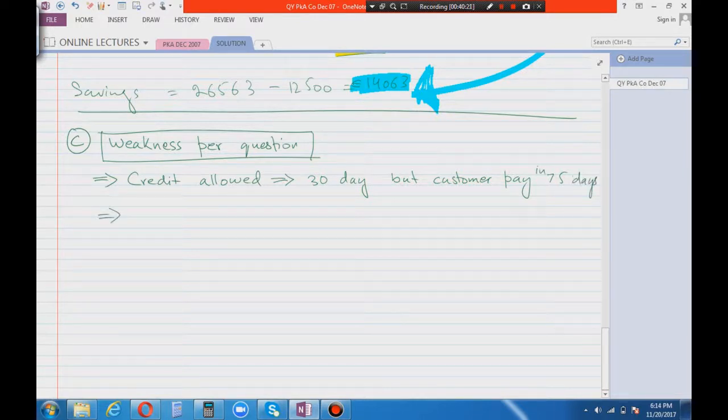And the second weakness was bad debt increased from 5% to 8%.